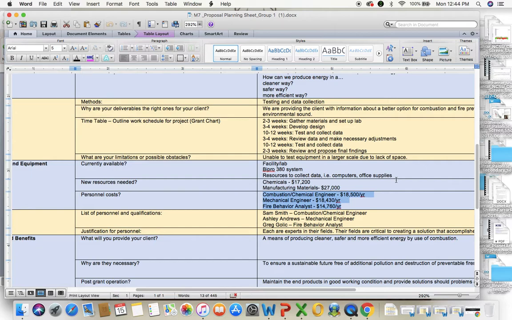If that was your client, if they didn't already have this personnel and you needed to hire additional personnel, then you need to make sure that you're offering a fair wage, because if you got the grant and personnel hiring was on your list of things to do for that grant project, you would do a job search.